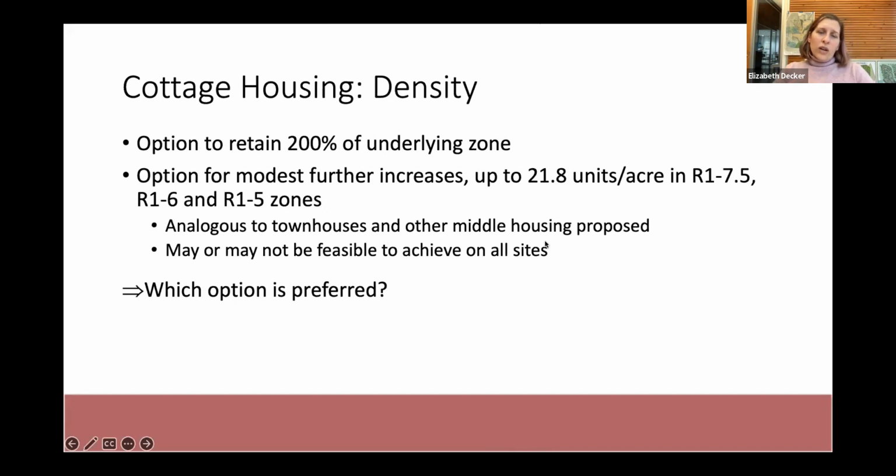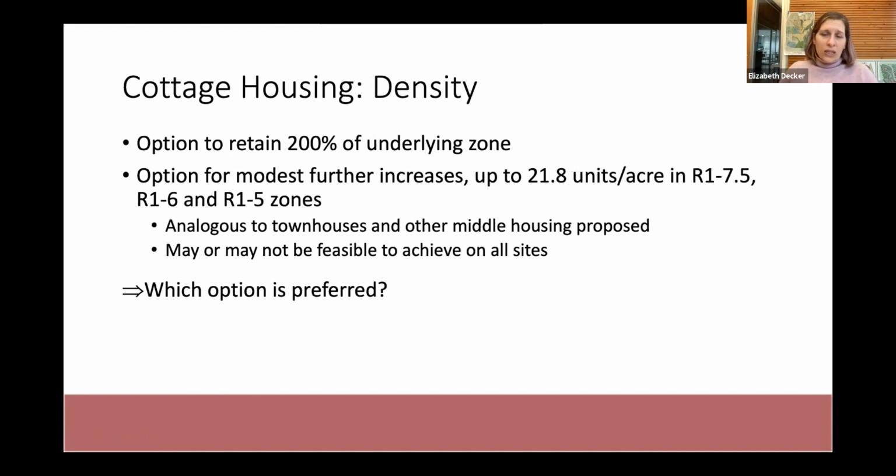And then one other question around density. Current standards are 200%, but we did also see an opportunity for some modest further increases up to 21.8 units in these R1 7.5, R1 6, and R1 5 zones that would be analogous to townhouses.